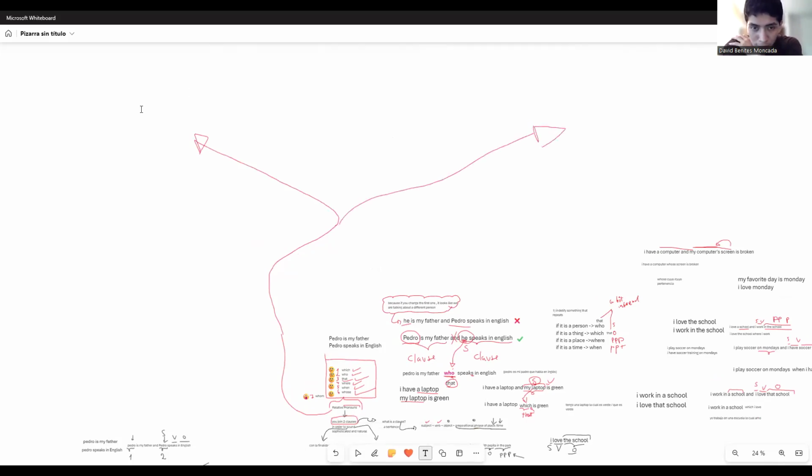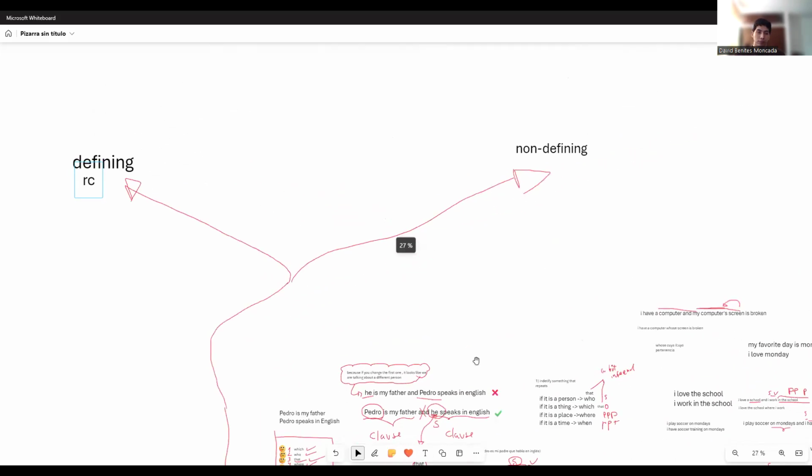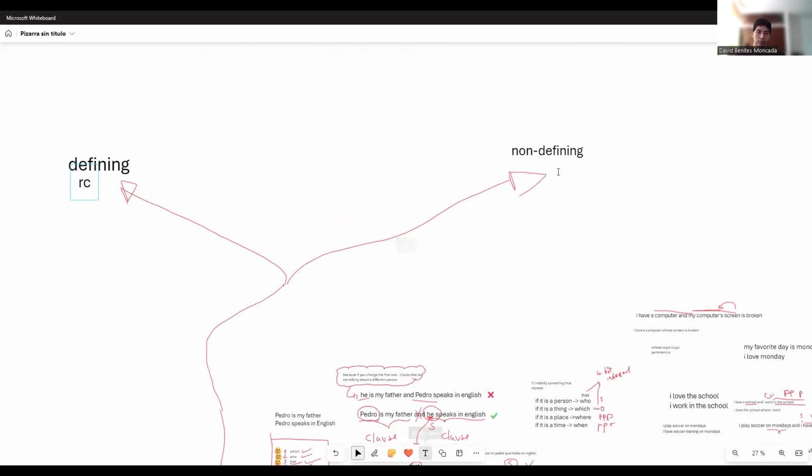They call defining relative clauses and non-defining relative clauses. I will write here its name. So defining relative clauses, and then we have non-defining relative clauses.